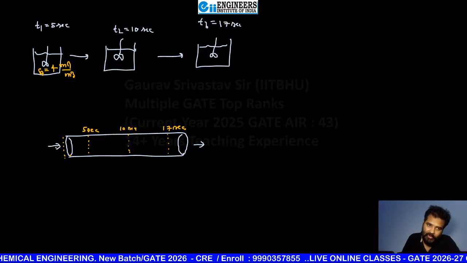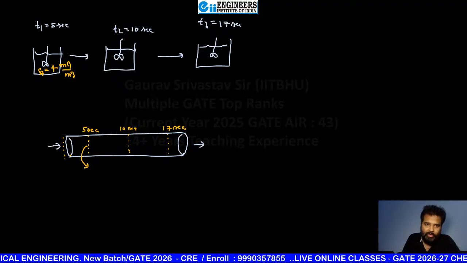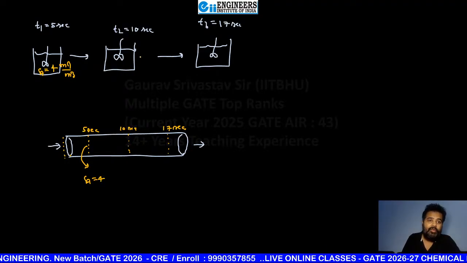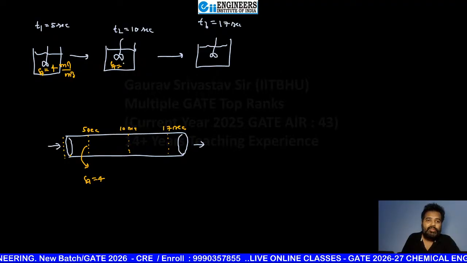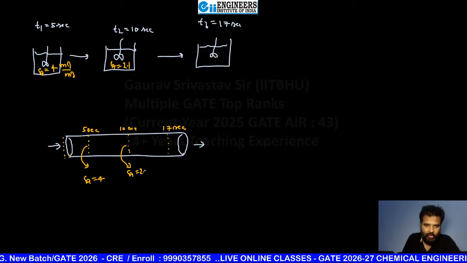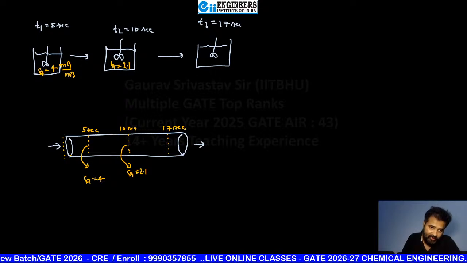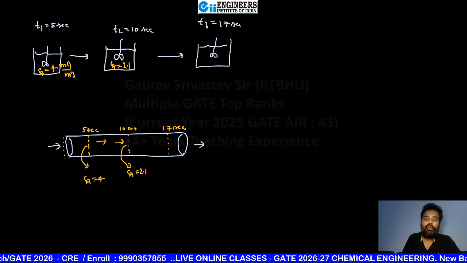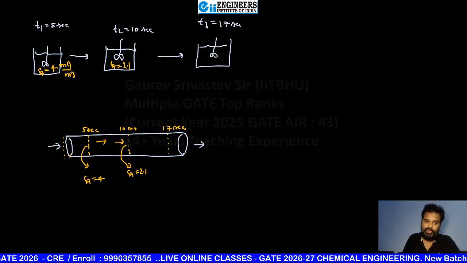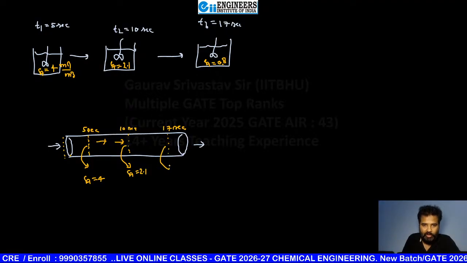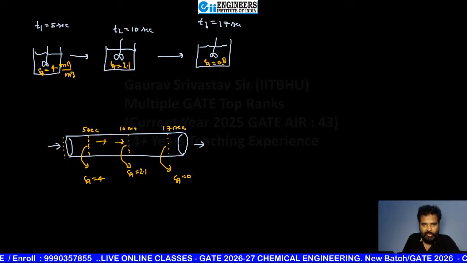The reactant that you entered from here is here. Here also the concentration will remain same as 4. Here after 10 seconds if concentration is suppose 2.1, here also the concentration will be 2.1. If after 10 seconds these elements again travel this path, and now if this is available at this position after 17 seconds, suppose concentration is 0.8, so here also the concentration will be 0.8.